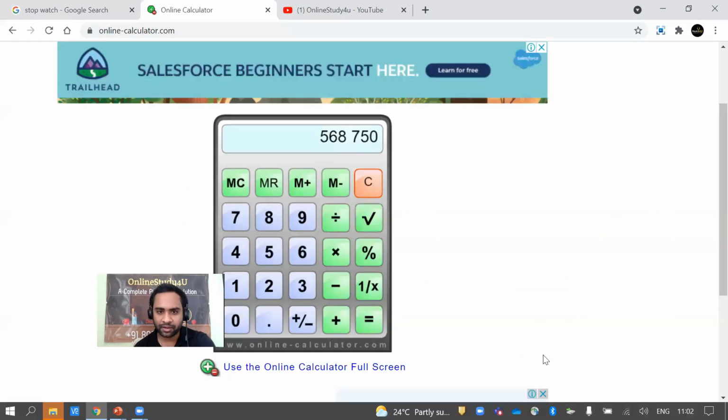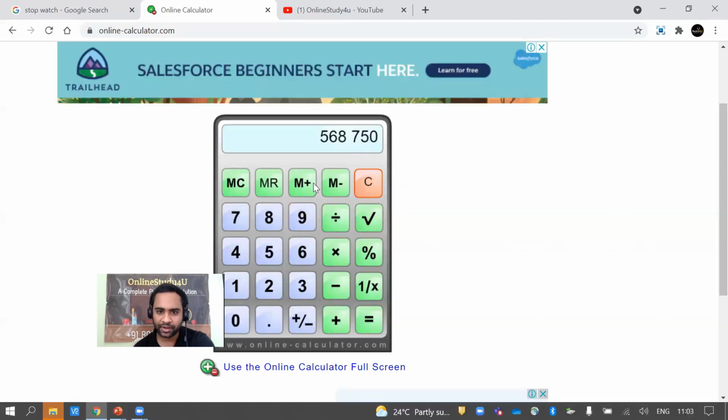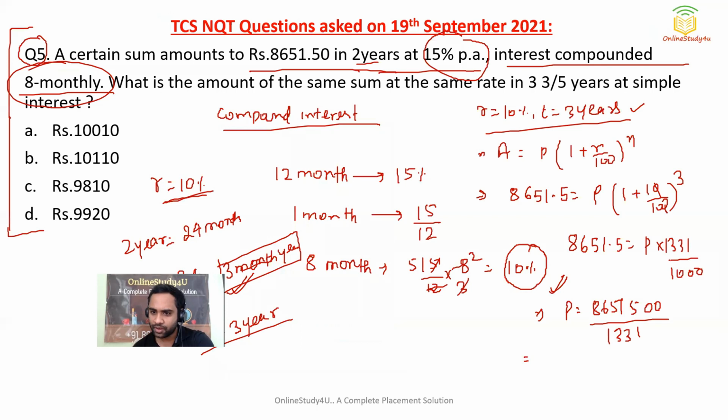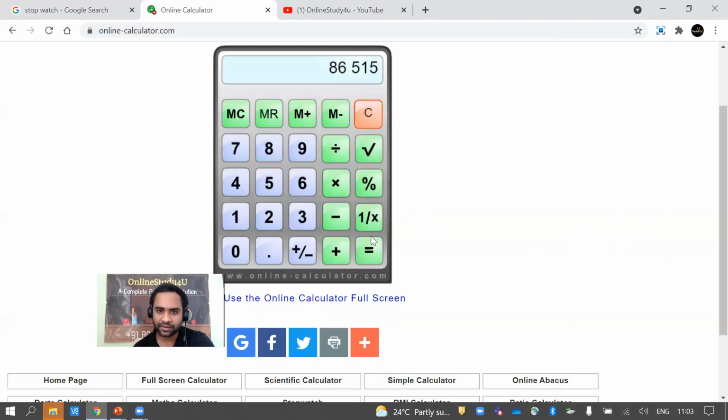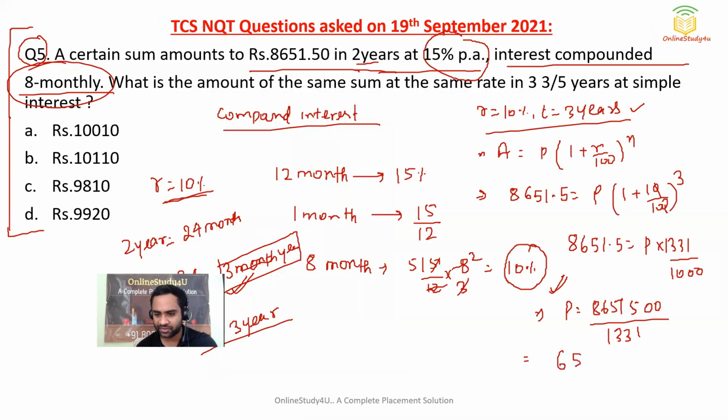I think there is some mistake, so let me divide it one more time. 86515 with 00 divided by 1331 will be equal to 6500. So the principal is 6500. Now we got the principal.